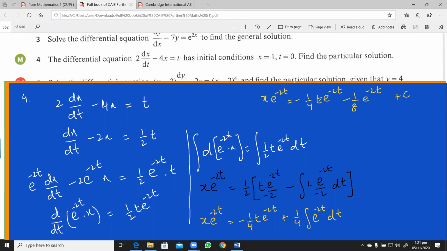So we divide both the sides by e raised to minus 2t. So we have x equal to minus 1 over 4 t minus 1 over 8, and then plus c times e raised to power 2t. This should be the answer if we haven't made any mistake here.